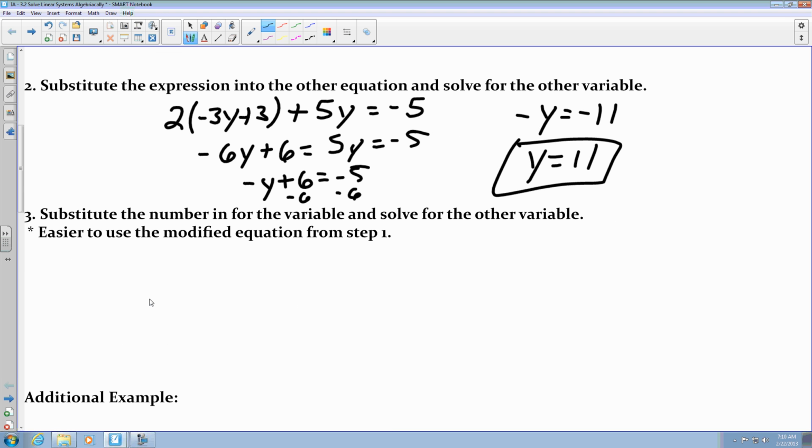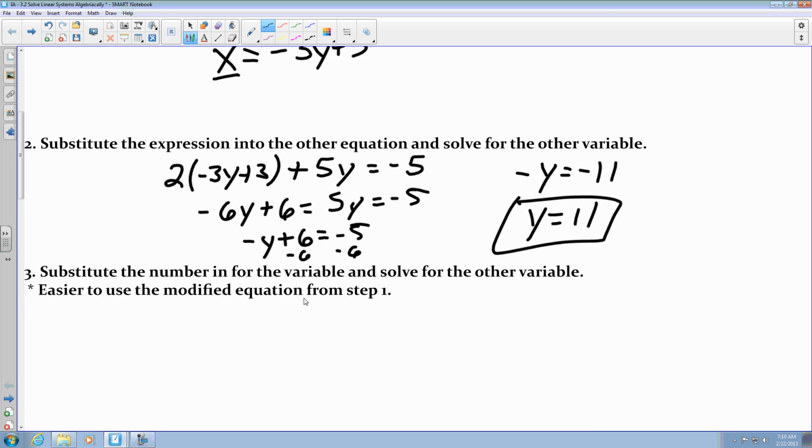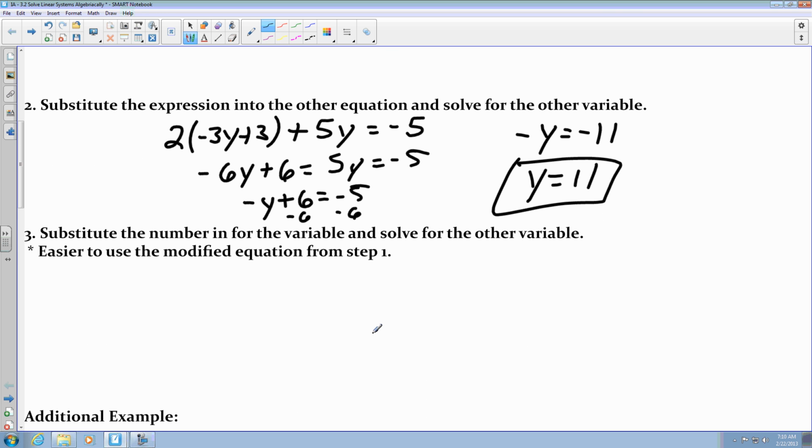Last step is you're going to substitute that number in for the variable and then solve for the other variable. Either equation works. Doesn't matter which one you use. Both of them should work. I'm going to use the second equation, the x plus 3y equals 3. So I'm going to go x plus 3, but instead of putting y in, I'm going to substitute in my 11 because I know y equals 11.